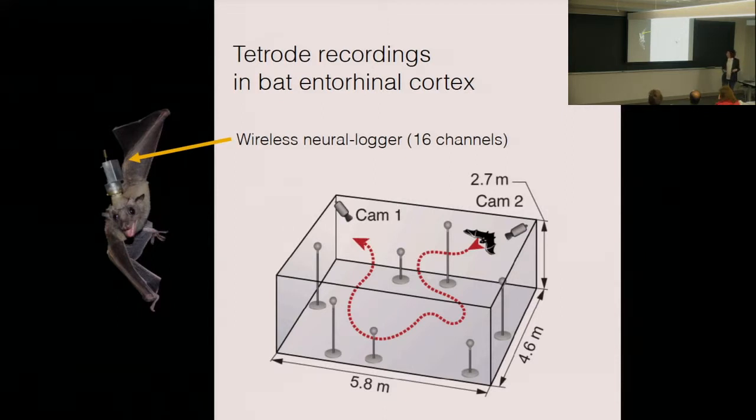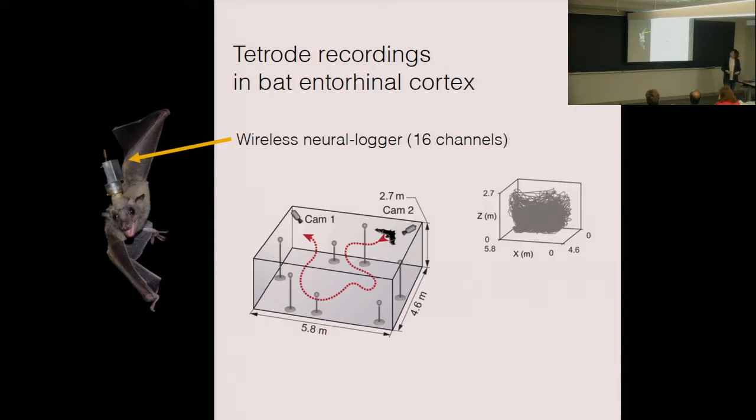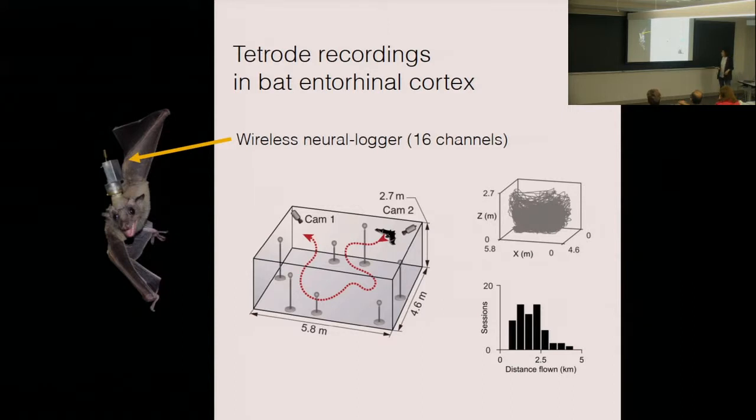The bat flies around in this 5 by 6 meter room, foraging for food. Here in gray is a typical trajectory, and in a typical session, a bat would fly an average of 2 kilometers. So they do a lot of flying.